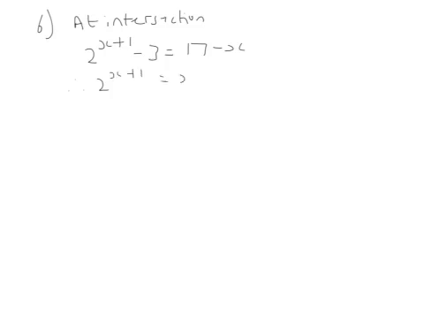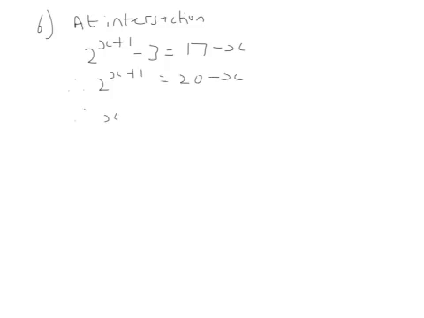Now we're on question 6. We've got a curve and a line intersecting, so at the intersection 2 to the x plus 1 minus 3 must equal 17 minus x. So therefore 2 to the x plus 1 is 20 minus x.